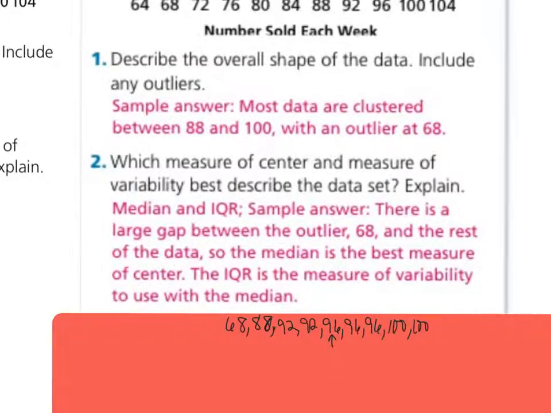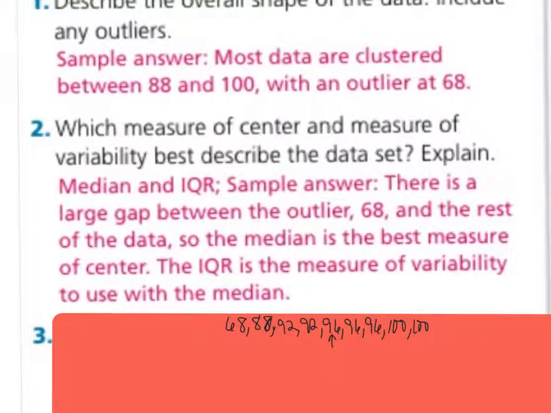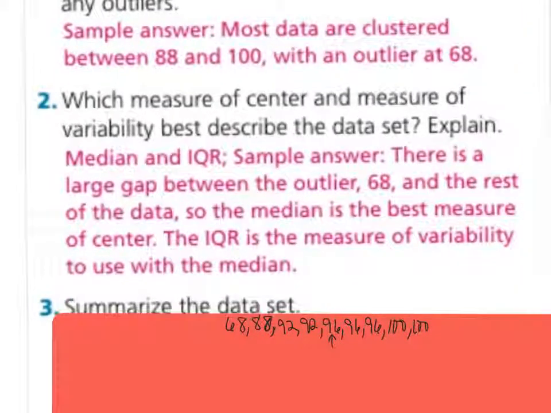So there's a large gap between the outlier and the rest of the data. Again, we already talked about. And then when we use the median, we use the interquartile range rather than the MAD. With the mean, you use the MAD because MAD is mean absolute deviation.